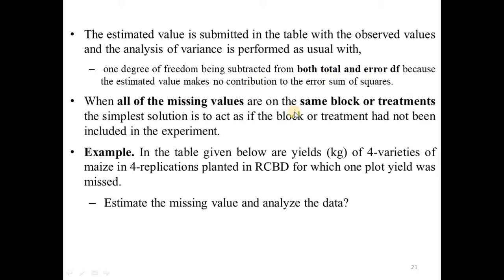When all of the missing values are in the same block or in the same treatment, the simplest solution is to act as if the block or the treatment had not been included in the experiment.